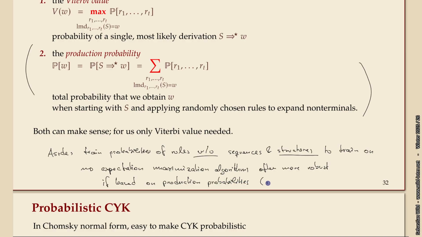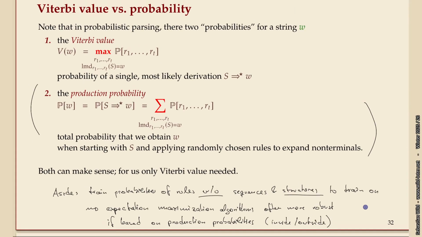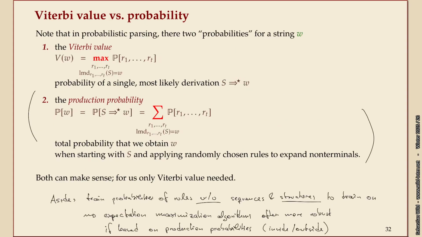The tag phrase to read up about this, if you care, is the inside and outside algorithm. We're not going to do it here because I think we're already spending enough time on the RNA prediction problem. And I think these expectation maximization algorithms in this context at least don't work so well. But in principle, there's a way to do that that's more robust than taking Viterbi parsers, and those want to use these summed up probabilities. Okay.